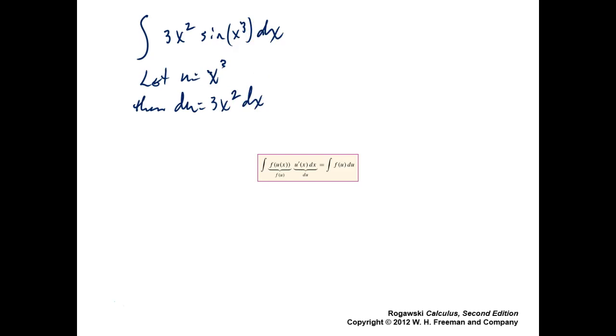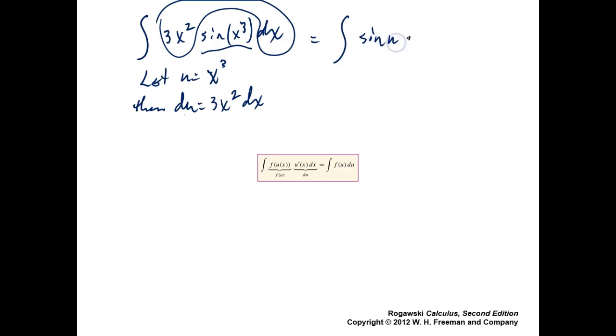Now look at this. This part right here is du, and this part right here is sine of u. So your new integral becomes the integral of sine of u du. This is the u, so you've got sine of u, and this part here is the du.